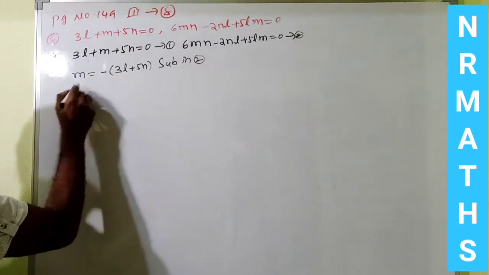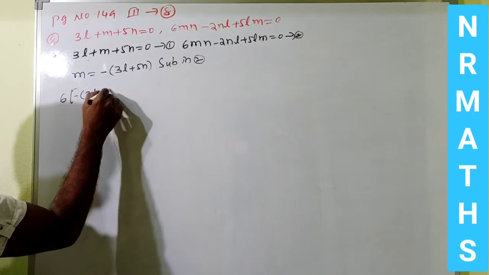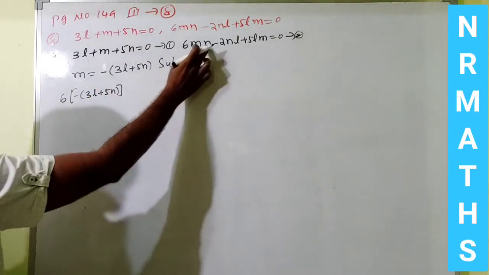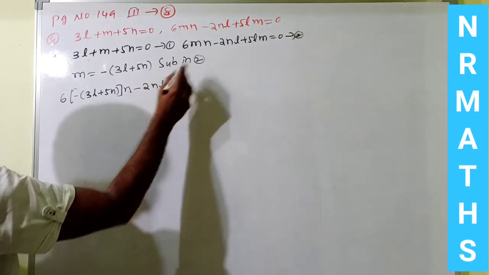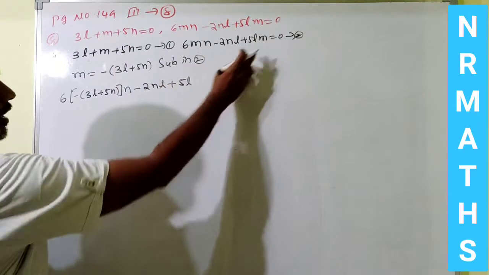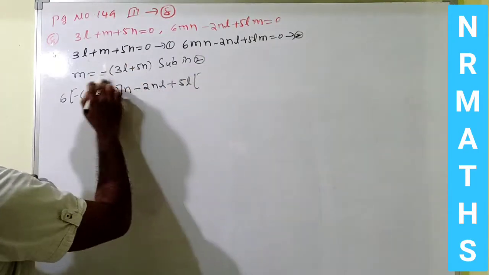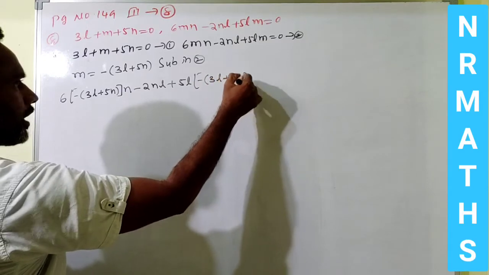Here, 6 into N, and M is minus of (3L plus 5N), so it is minus 6N into (3L plus 5N). Write minus 2NL as it is. Then plus 5 into L, and M is minus of (3L plus 5N).